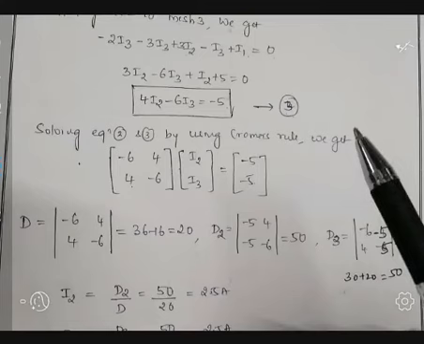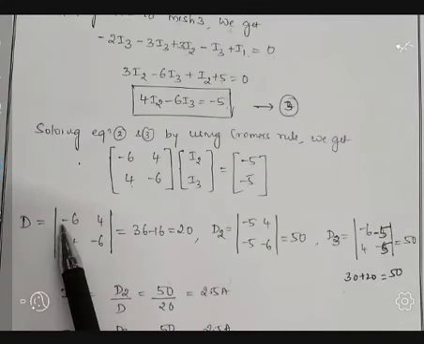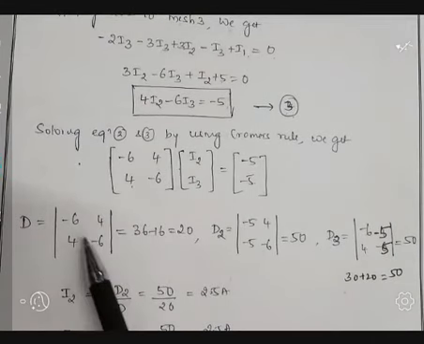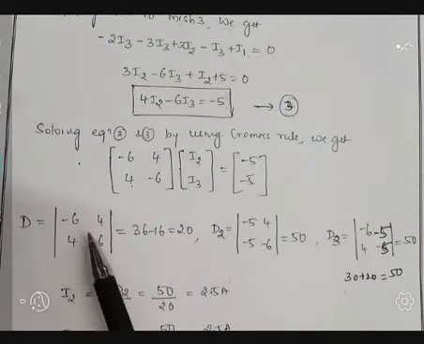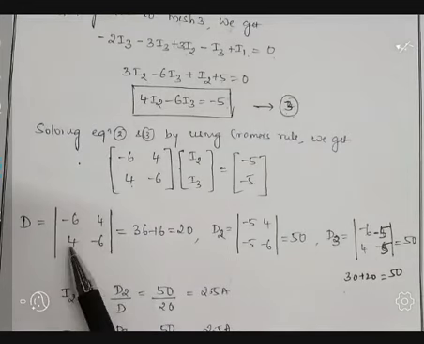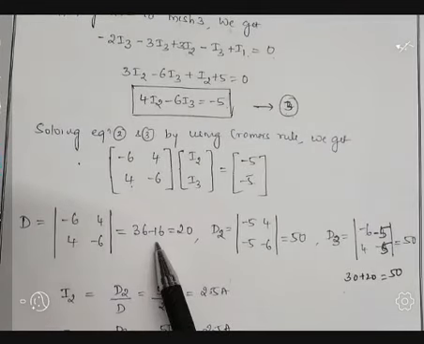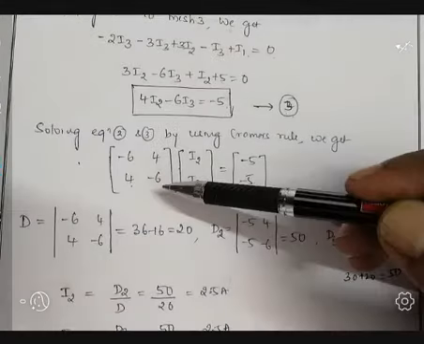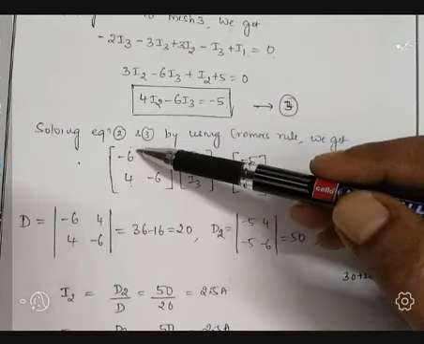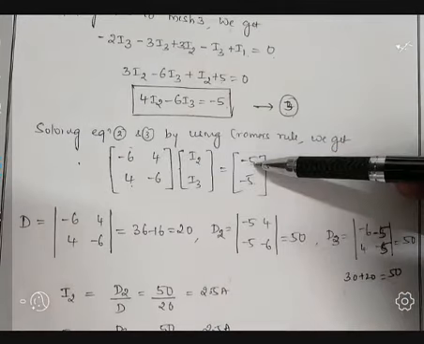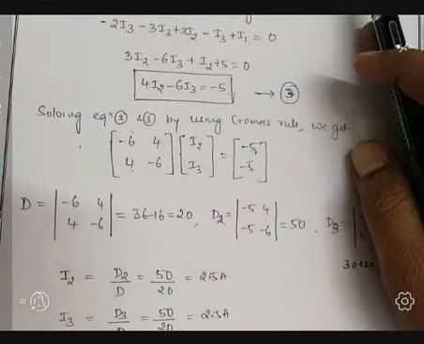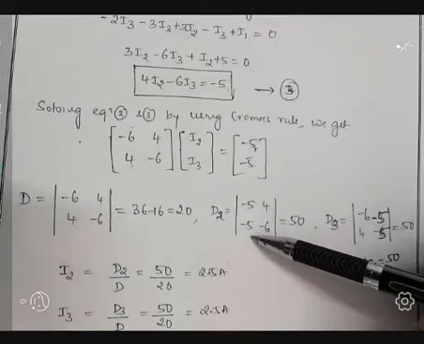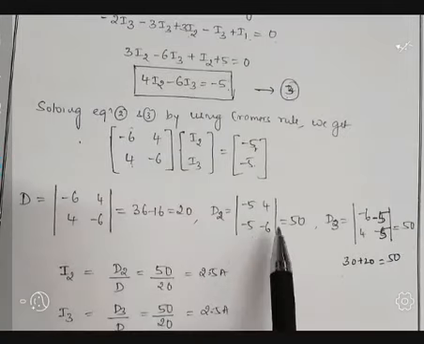If we calculate I2 and I3, then easily we can calculate the remaining current I1. So first find the determinant D: minus 6 into minus 6 is 36, minus 4 into 4 is 16. 36 minus 16 is 20. Now calculation of D2. Let us replace this column by the constant elements. If I replace minus 6, 4 by minus 5, minus 5, the remaining column is as it is, 4 and minus 6.